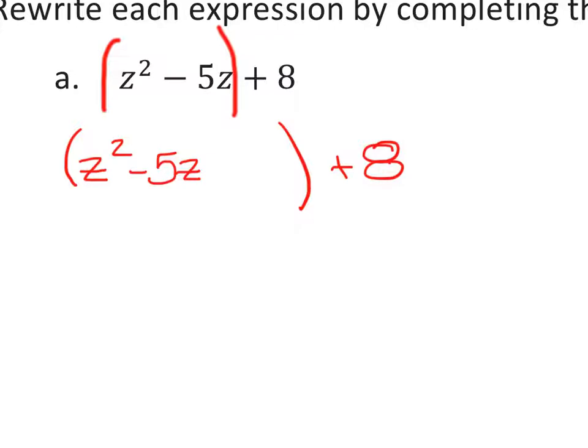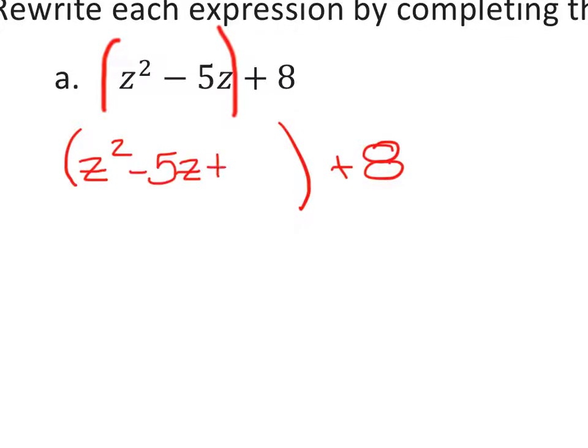And then we found half of what number? What's half of 5? 2.5. What's 2.5 squared? 6.25.